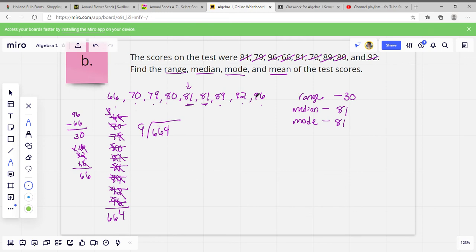Right, let me double check that. 1, 2, 3, 4, 5, 6, 7, 8, 9 numbers. Yes. 9 times 7 is 63. 9 times 4 is 36. So 9 times 3 is 27.